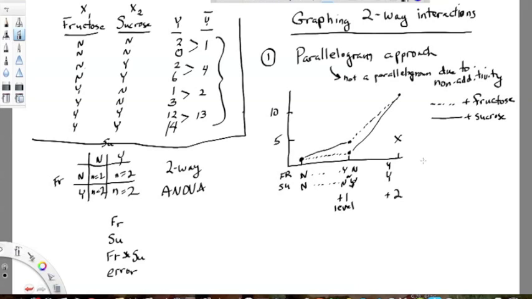So let's talk about advantages and disadvantages here. Let's think about the advantages of this graph. Again, this is not used very much, but for certain kinds of analyses, this is the best way of showing the results. We have a parallelogram as the null expectation.